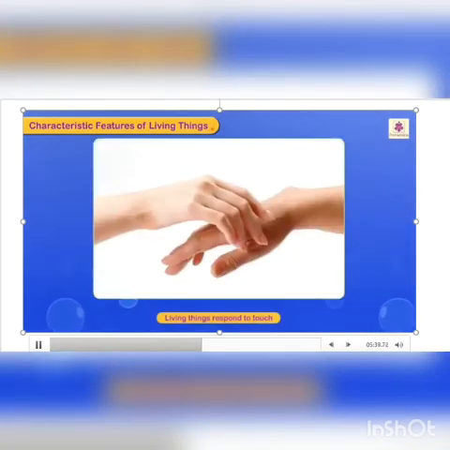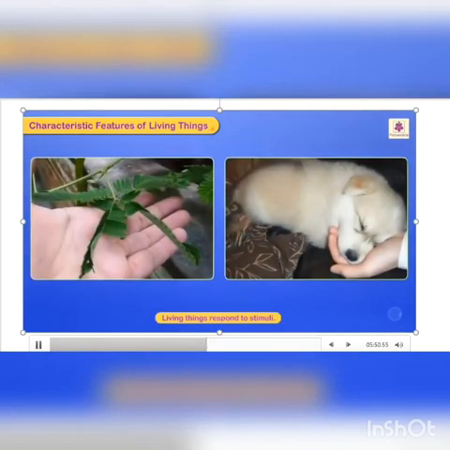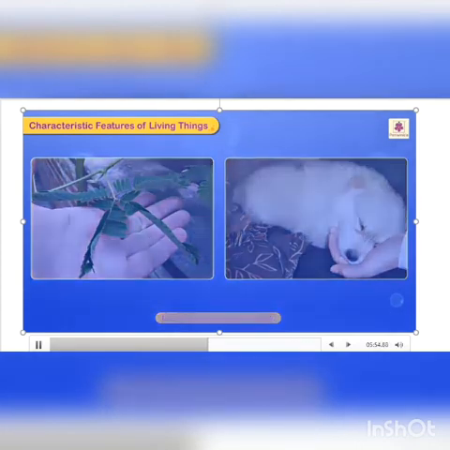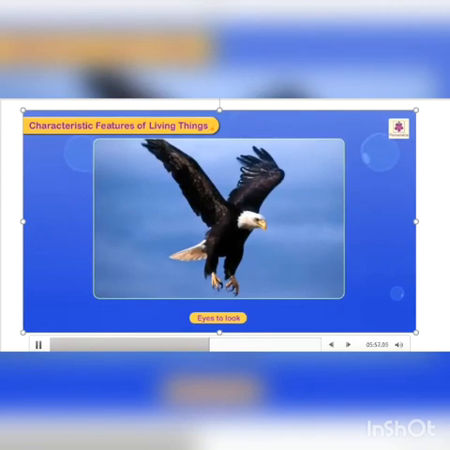Living things respond to touch. Living things respond to touch and can feel their surroundings. Living things respond to stimuli. Like an eagle has eyes to look for prey.